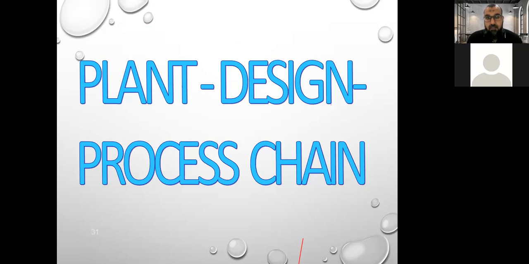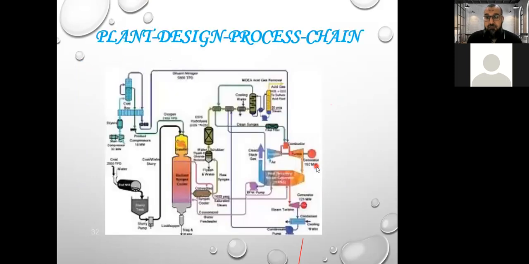Okay. Let's have another subject of definition, like this plant design process chain. Actually, in oil and gas, as I said, it starts from design. If you work in the downstream sector, for example, you want to design an oil and gas plant.